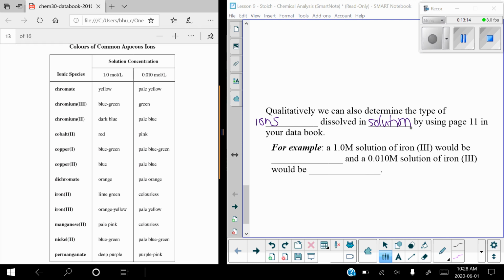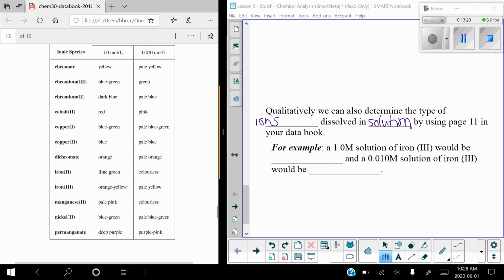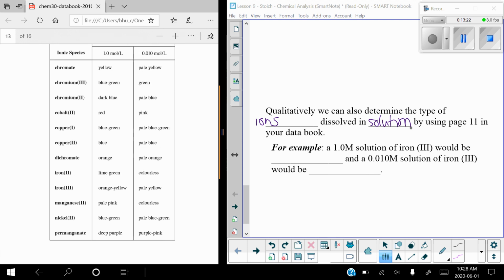For example, 1 molar solution of iron 3 would be, so we're going to find iron 3, and 1 molar would be orange yellow. And 0.01 molar of iron 3 would be pale yellow.